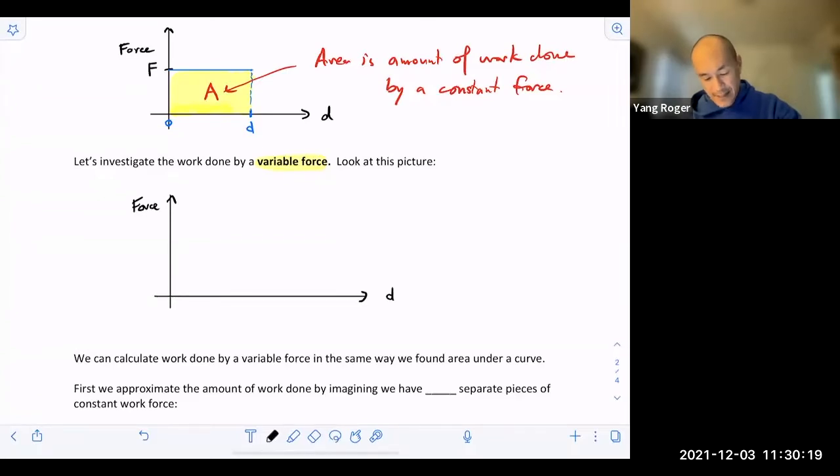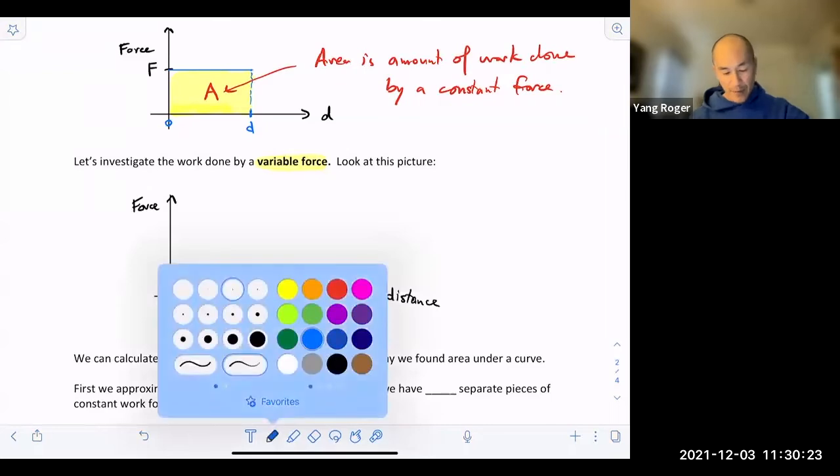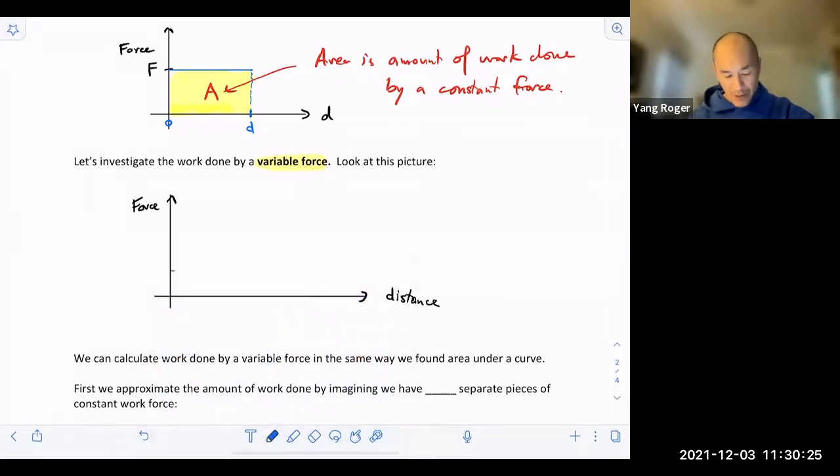This is still our distance axis. But this time, when I draw my force, perhaps the force increases the further I go. And then let's say we're going to d over here. So you can see we don't have a constant force anymore. It's changing. It's smaller for small values of d, but then as d increases, it gets bigger.